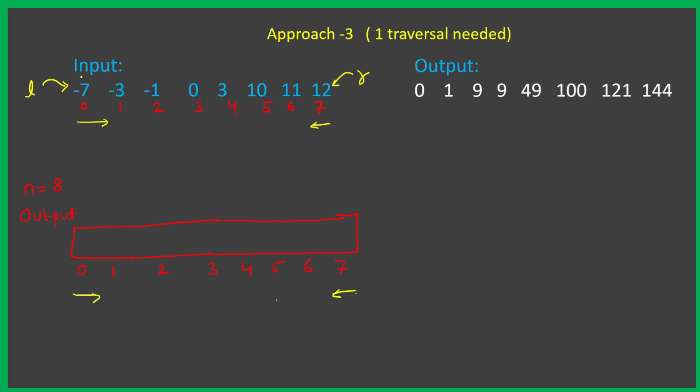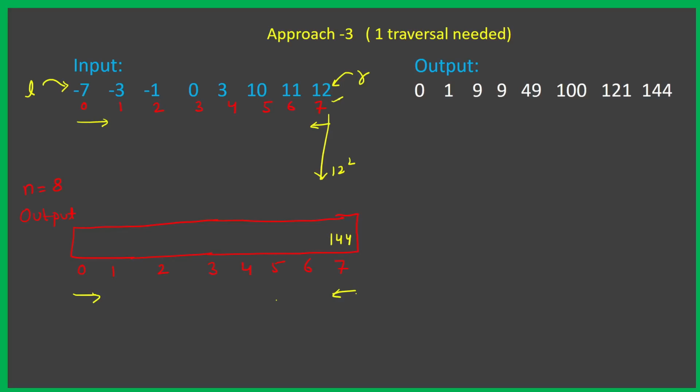I will compare the absolute value of -7 with this 12, that is, the absolute value of the left element with the right element. Is 7 greater than 12? No, it is lesser, so 12 is greater. So I will find the square of 12, that is 144, and store it here. The output array is equal to the size of the input array, so that's why I'm storing the square of 12 at the last index.